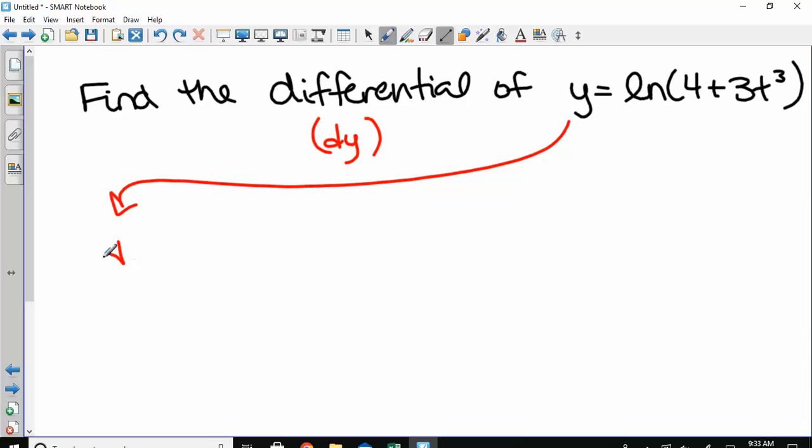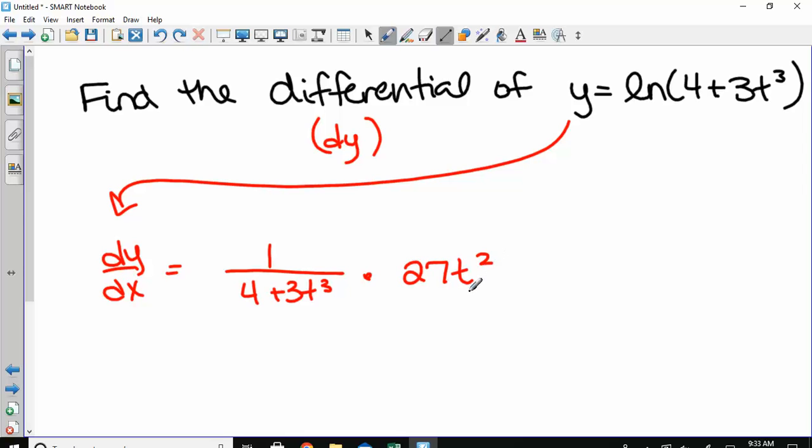If I just did the derivative, it would be dy dx. How do you do the derivative of a natural log? One over your argument. We'd have to do chain rule times derivative of the inside, which is 27t squared.